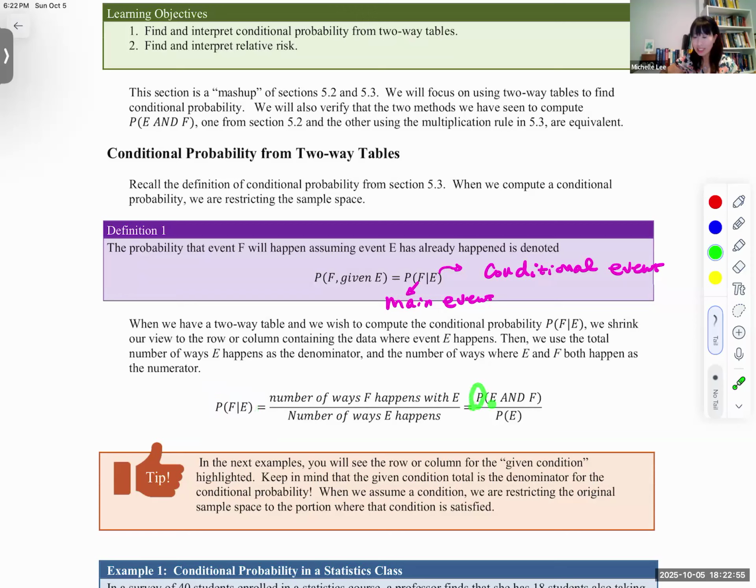The probability of event E and F, the N part, that means the overlap of E and F. Overlapping with E and F, and then we divide by the probability of event E.